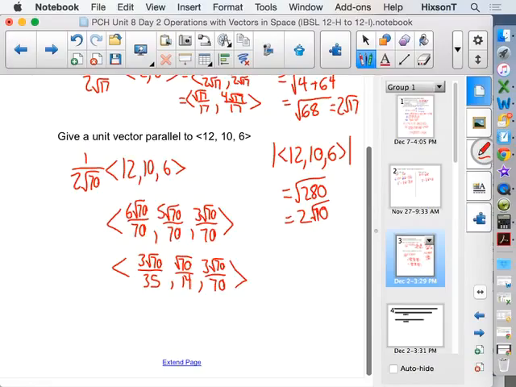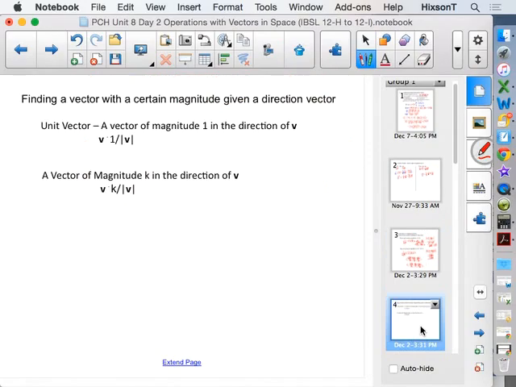Now, one thing we did last unit was we would find this unit vector and then multiply it by something to get the magnitude we wanted. Here we're going to do it all in one step. The unit vector in the same direction is the vector times 1 over the magnitude.